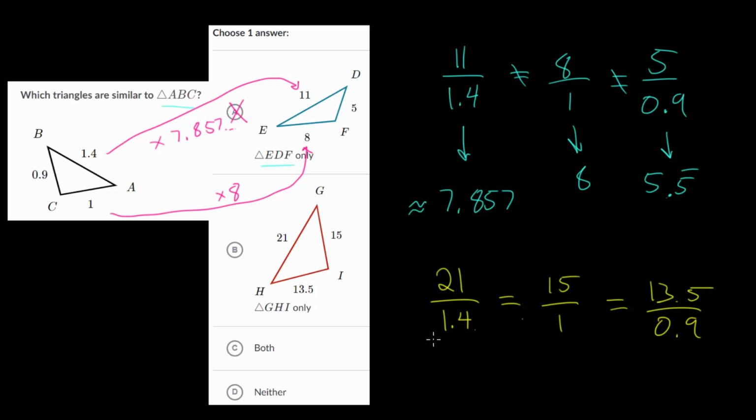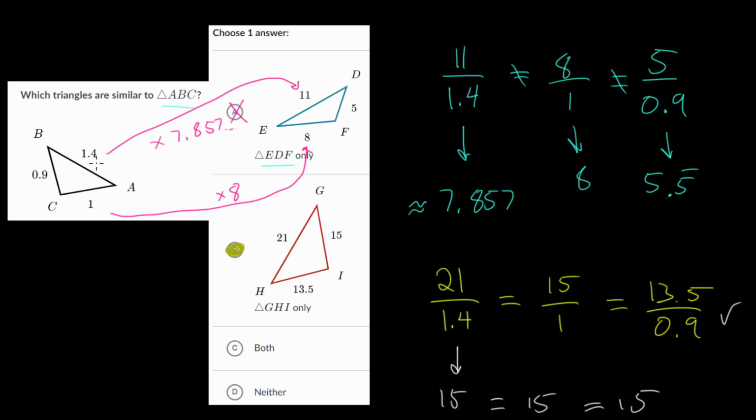And when actually simplifying all of these quotients, we do, in fact, get 15, which means that these two triangles, triangle ABC and GHI, are, in fact, similar triangles. Their side lengths are proportional.